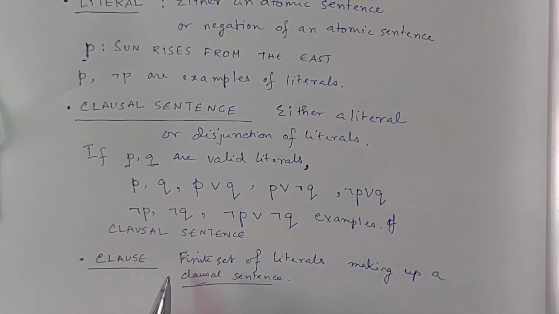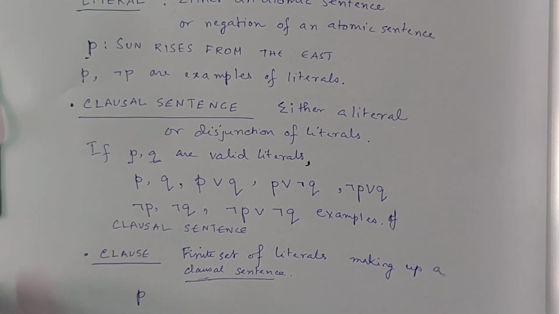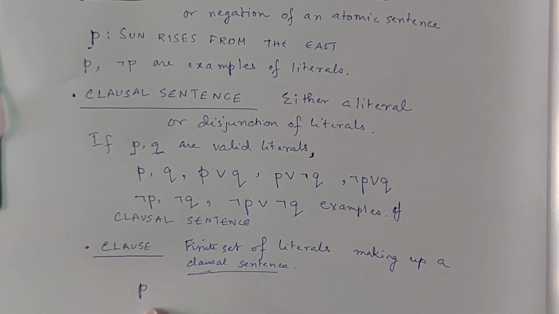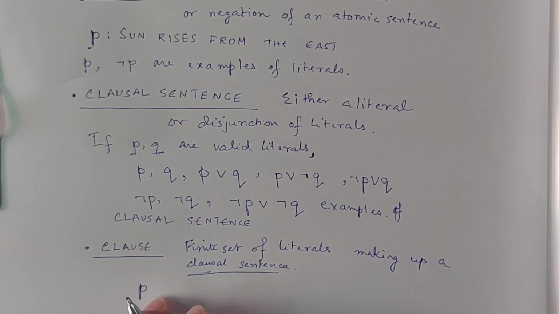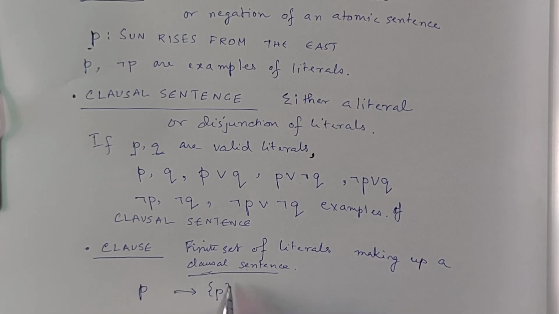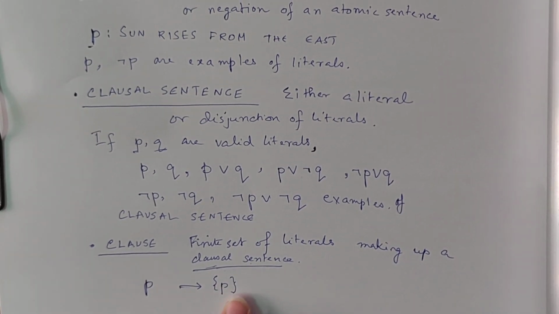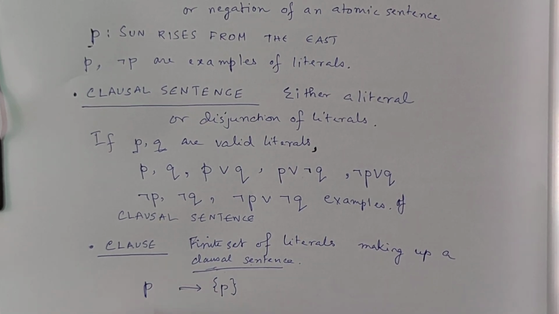For example, let us assume that P is a valid literal. Then P is also a valid clausal sentence. Then what is the literal that constitutes this clausal sentence? This. Now these curly braces mean this is a set. So this was a clausal sentence, this is a clause. Again, P or Q is a valid clausal sentence.